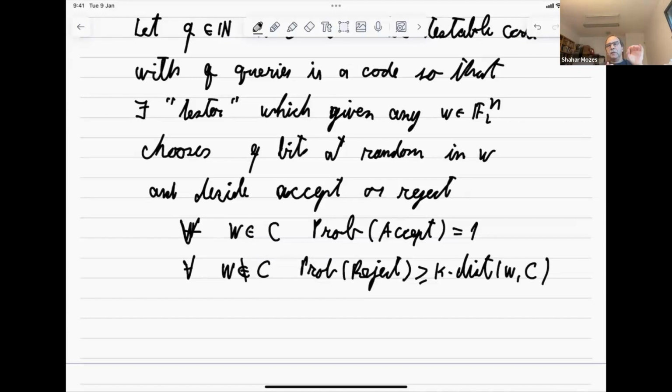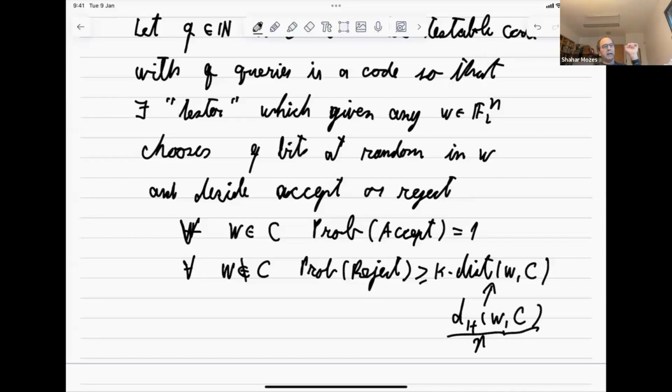But of course, if the word you receive is very close to the code, maybe in the 7 bits that you saw nothing happened, so you can't hope to detect it if the distance is very small. This distance is the normalized distance, so it's the Hamming distance divided by N. It's the distance between W and C divided by the length of the code.